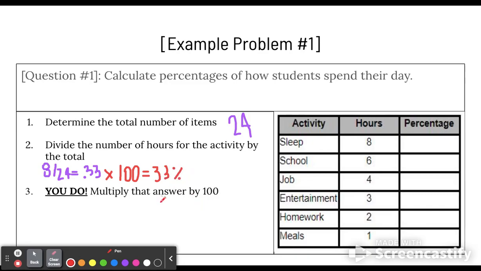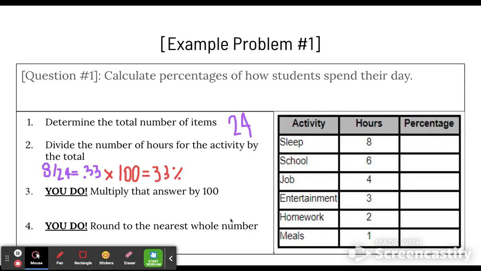I don't have to round that to the nearest whole number because that is a whole number, but that means my percentage for this first block should be 33%. Remember, all of these, by the time you're done, should add up to 100%. So go ahead and get this answer down, and then you're going to do this for the last 5 blocks.